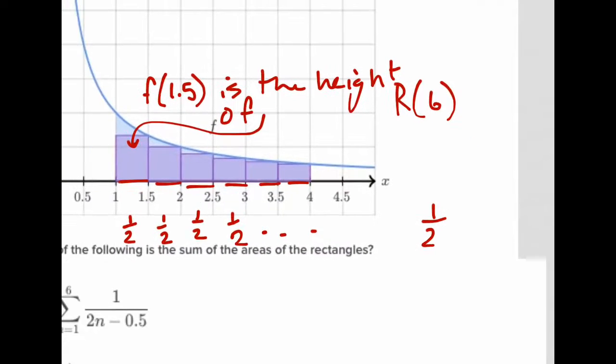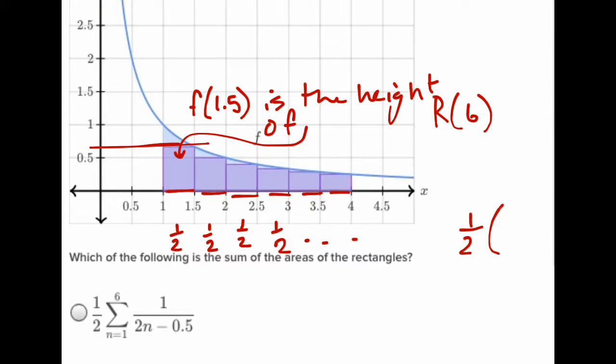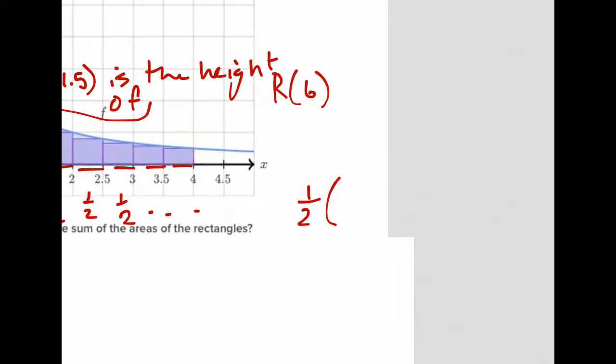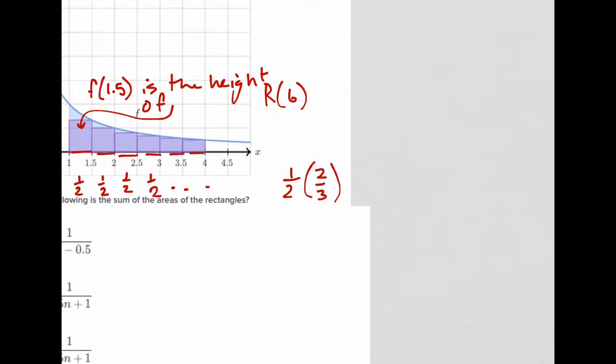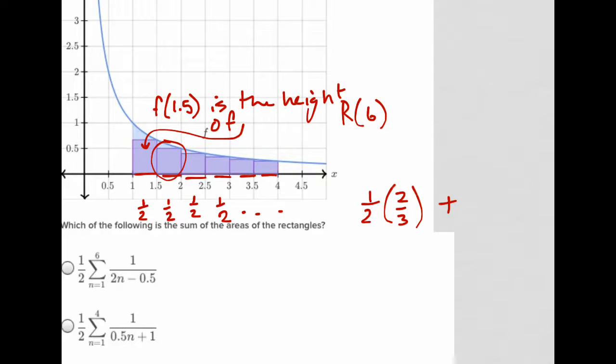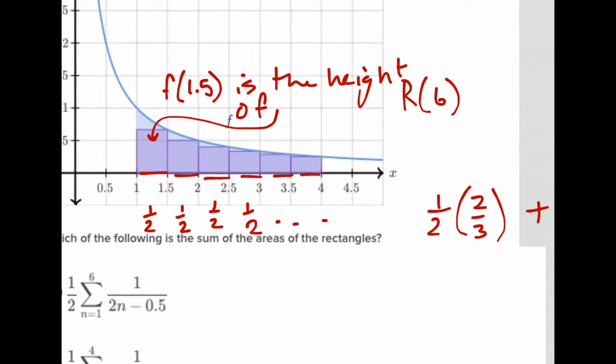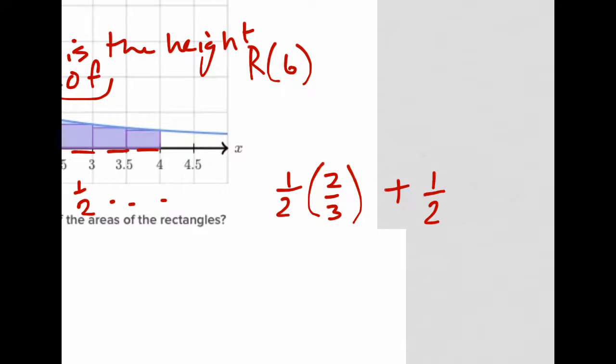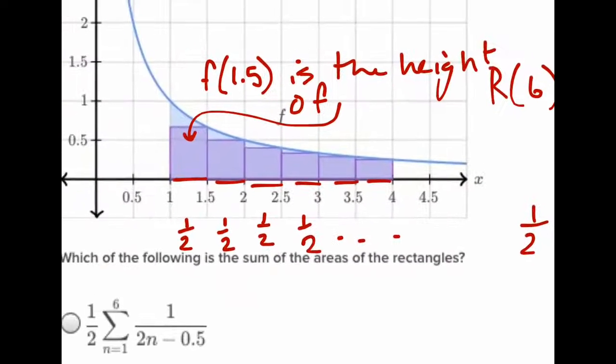So I do the base, 1/2, times the height, 2/3. And then I would have to add this rectangle. This one would also be 1/2 times the height.